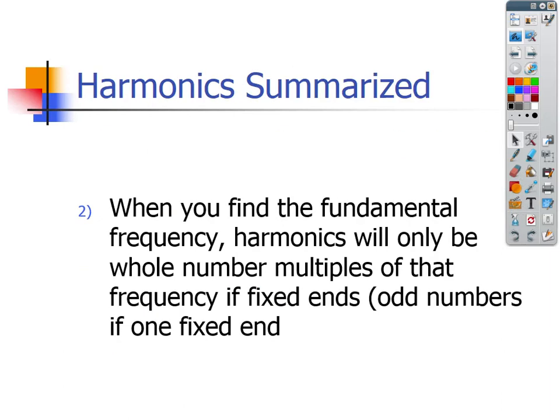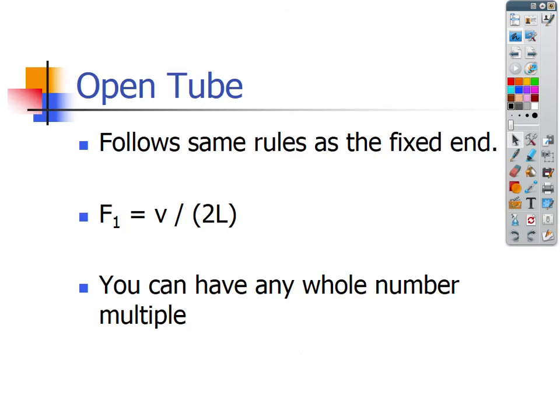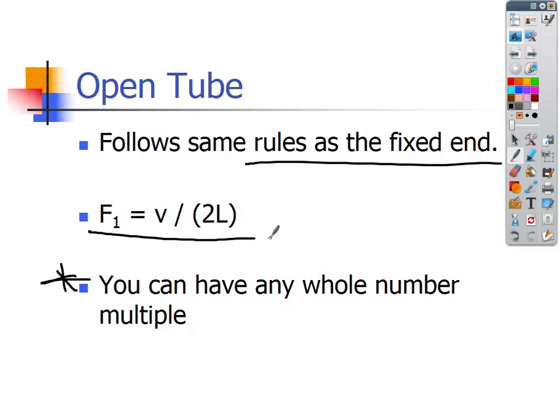Almost done. As for the open-ended pipe, open-end tube, it ends up following the same rules as the fixed end. So you'll be able to have all whole number multiples of frequency, and it goes back to using 2L again. That's because you start at an antinode, you go down and end at an antinode. This is a half a wave.